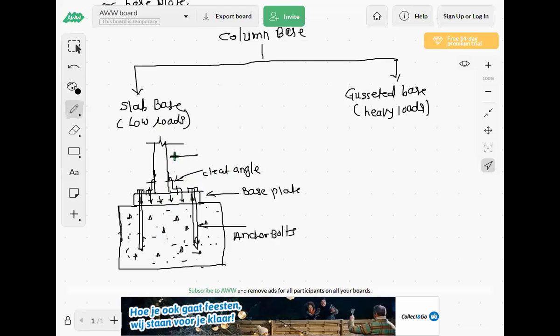This vertical is the column, resting on the base plate, and the column is connected to the base plate by using cleat angles. These angles are connected on both sides of the column, and the cleat angle is connected to the column by bolt or rivet.